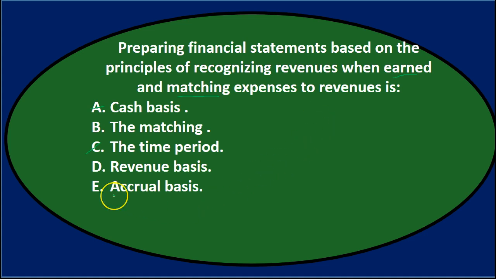And then E says accrual basis. So accrual basis is our normal, generally accepted principle of recognizing revenue and expenses. So if we look at what we're left with, our question once again being, preparing financial statements based on the principle of recognizing revenues when earned and matching expenses to revenues is. If we look at our left answers here, we've got the matching principle, revenue basis, and accrual basis.